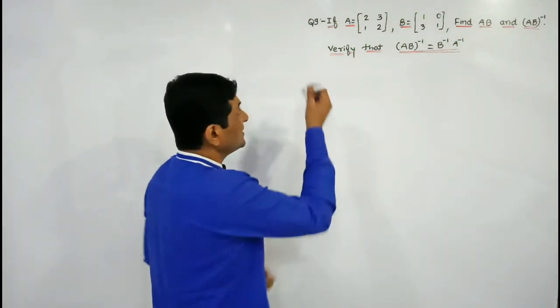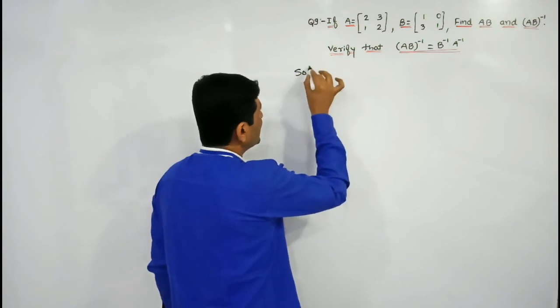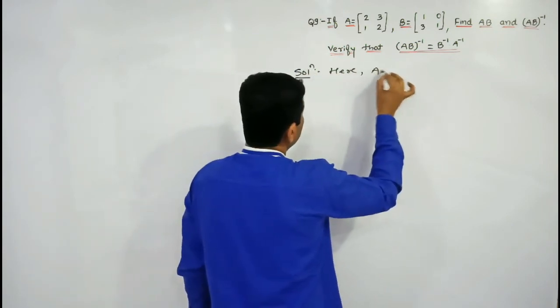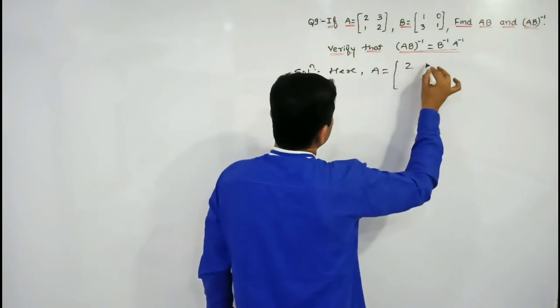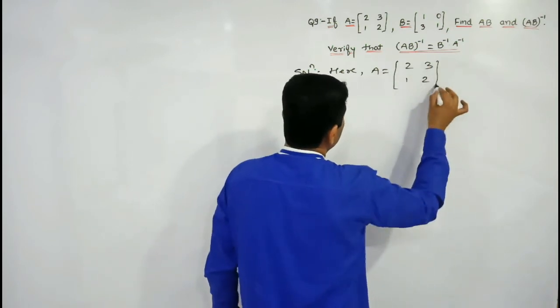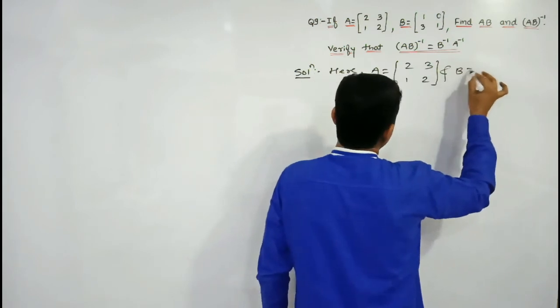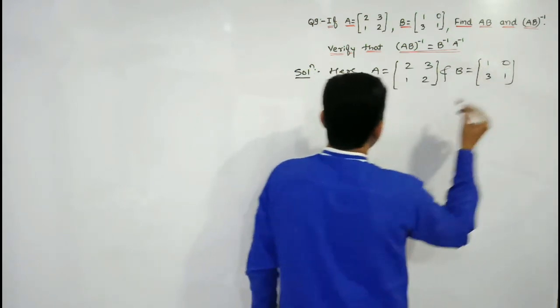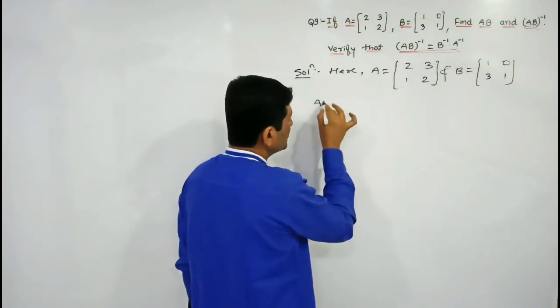So in the solution, first write down the given matrices. So here two matrices are given to us. Elements of matrix A are 2, 3, 1, 2 and elements of matrix B are 1, 0, 3, 1. We are finding the multiplication of these two matrices.